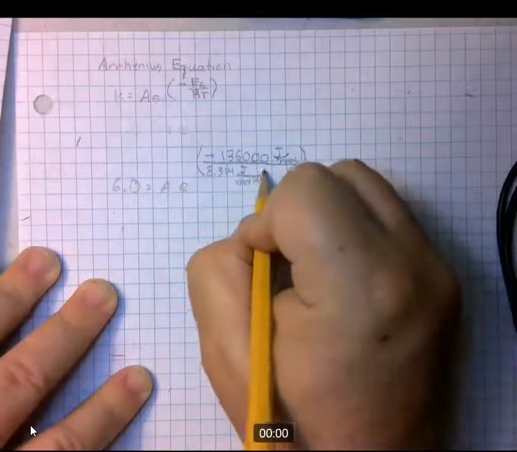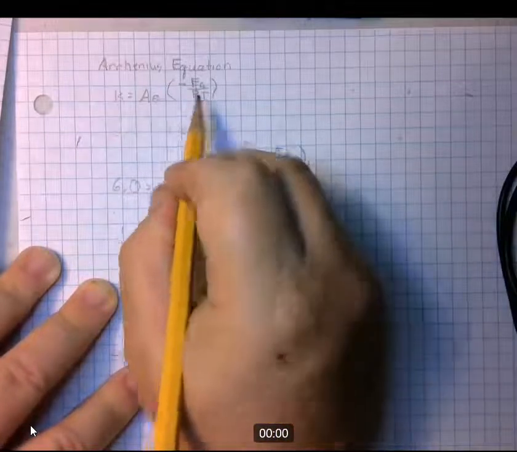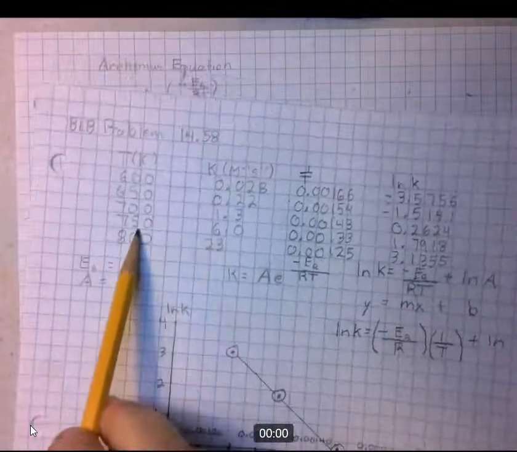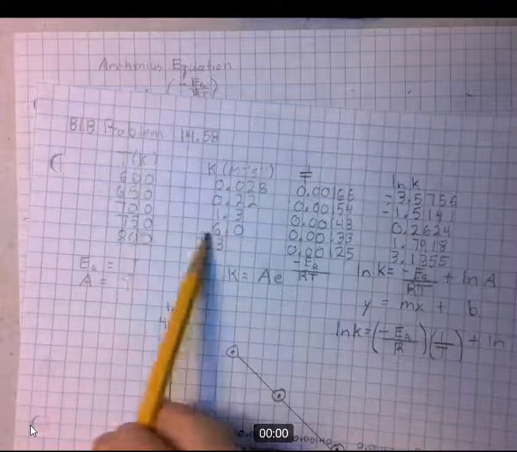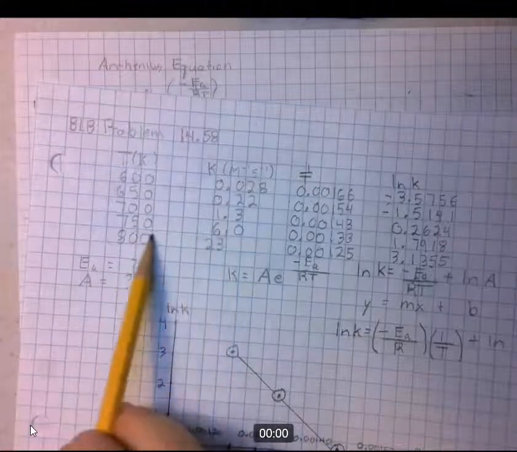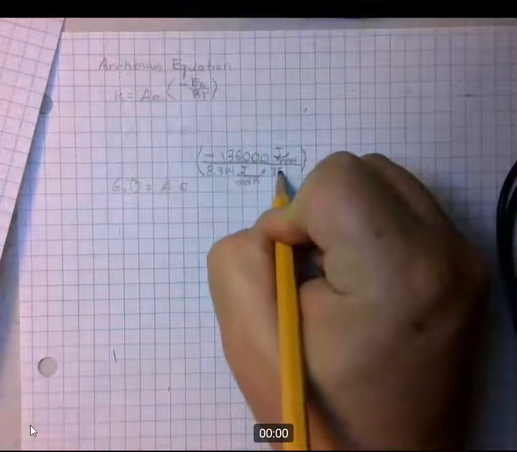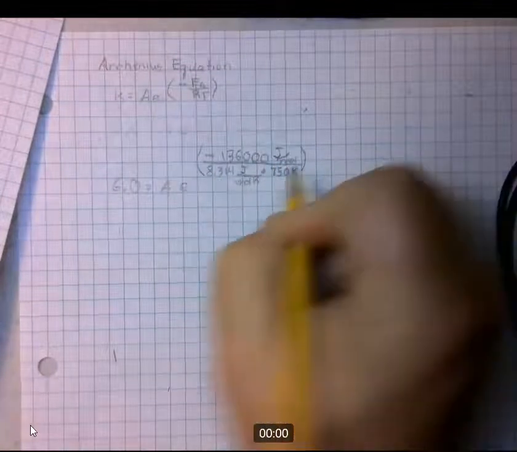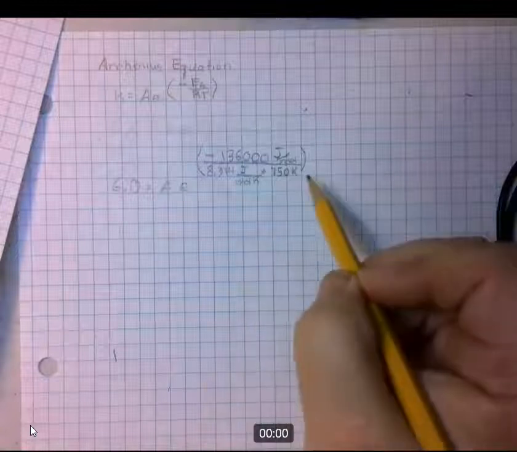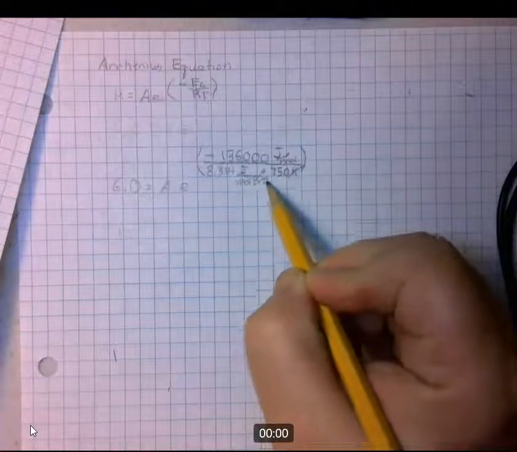And then that's times, I'll put a dot for the times, the temperature. Again, we're using the pure temperature, not 1 over temperature. So for this particular point on the graph, it's 750 Kelvin. All right, so let's see units cancel. Kelvin cancels with Kelvin.